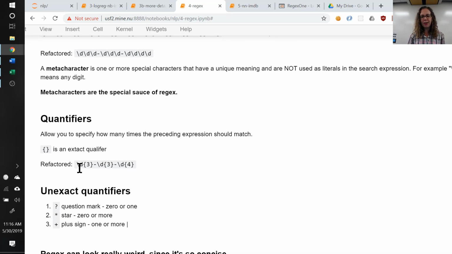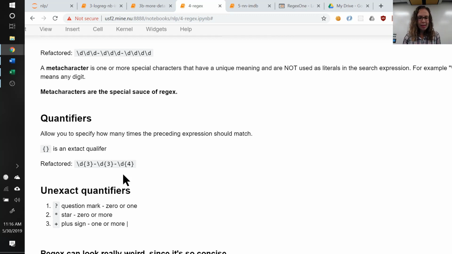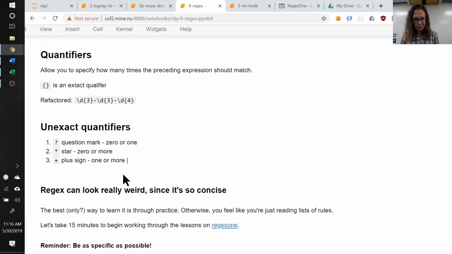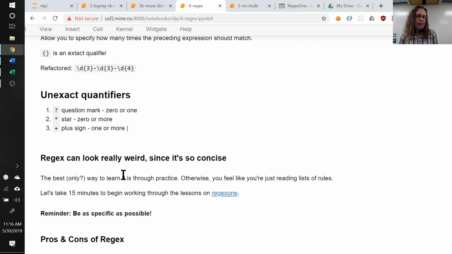For a phone number with hyphens, you could write backslash d in braces 3, signifying you want 3 of those, dash, 3 more, dash, 4 more. In a moment, we'll build up to what if you have a space instead of a dash, or parentheses. Regex can deal with those as well.